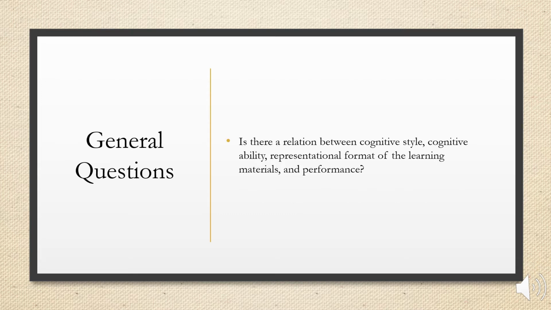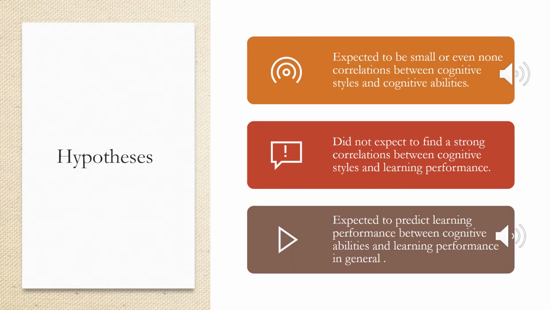The goal was that the researchers wanted to figure out the relationship between cognitive style, cognitive ability, the representational format of the learning materials, and performance. The researchers also proposed three sub-questions related to the general question.